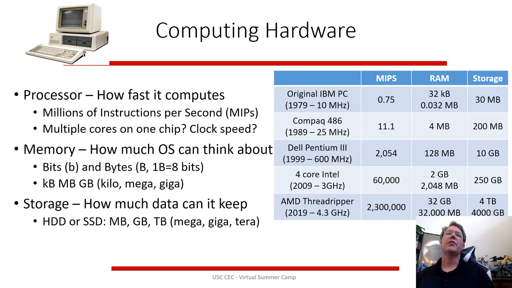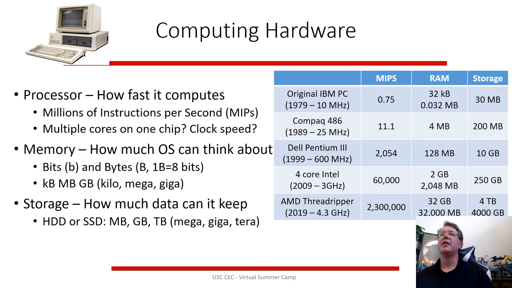The processor and memory and storage. Processors have grown over the years. You can measure millions of instructions per second. The first PC I ever used, years and years ago in the 70s, had less than 1 million instructions per second. It couldn't do too many calculations.